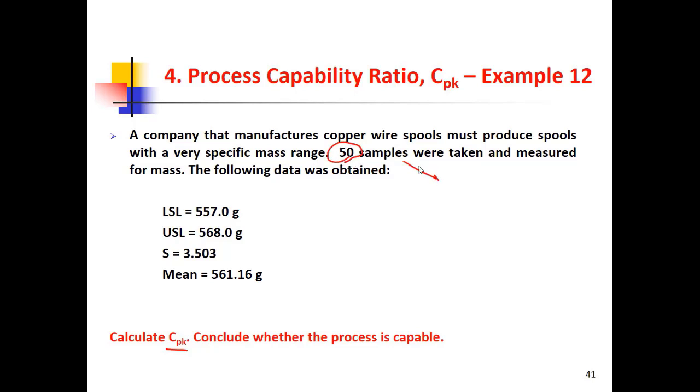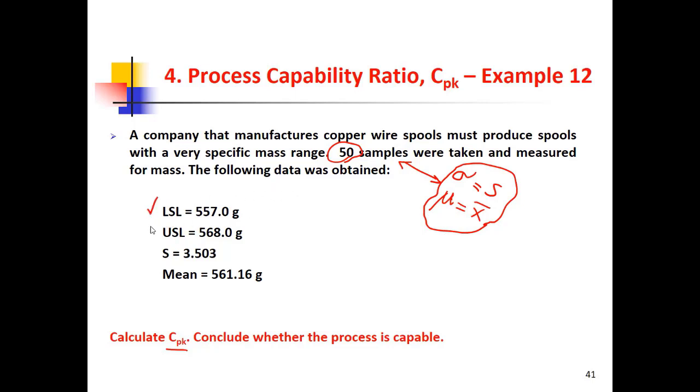As I said, when we have a lot of samples, the standard deviation of the population will be the same as the standard deviation of the samples, and the mean that we need in the equations will be the mean of the samples. That's why they mention 50 samples, 80 samples, because they want to make sure that we can make this assumption.